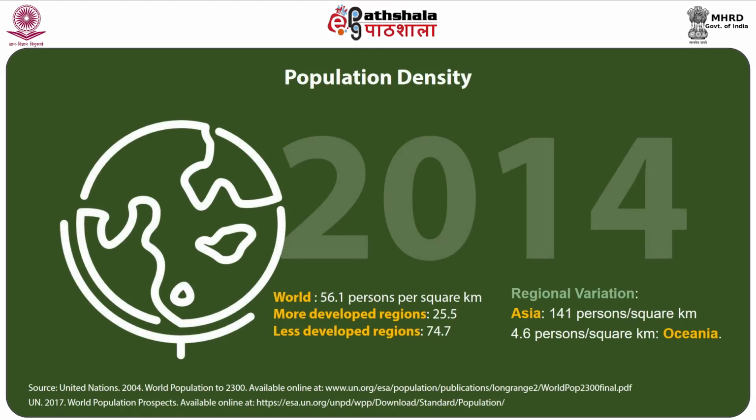Similarly, regarding regional variations, Asia has the highest density of population, as high as 141 persons per square kilometer, whereas a region like Oceania has only 4.6 persons per square kilometer. And for the world as a whole, the density was 56.1 in 2014, which clearly indicates the regional variations.